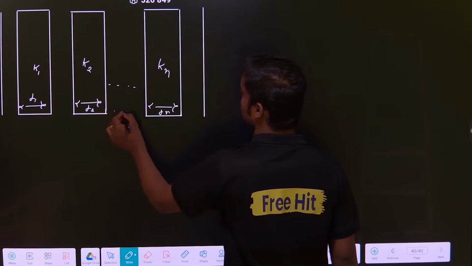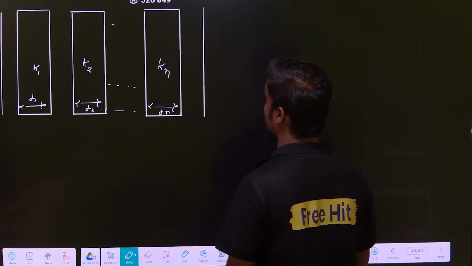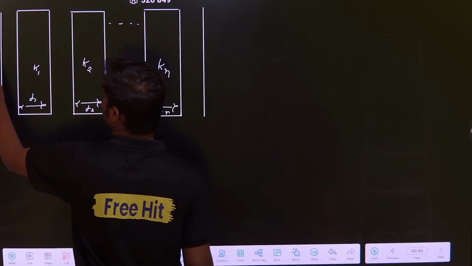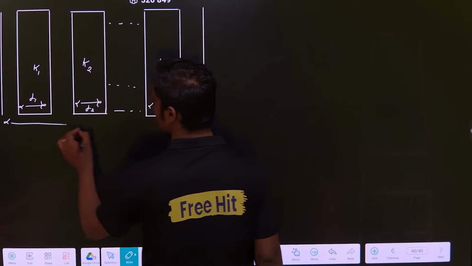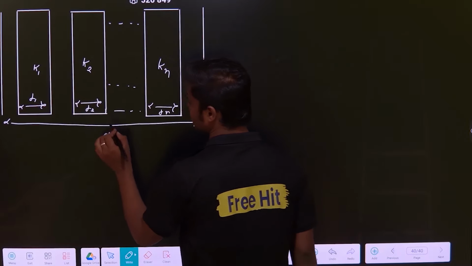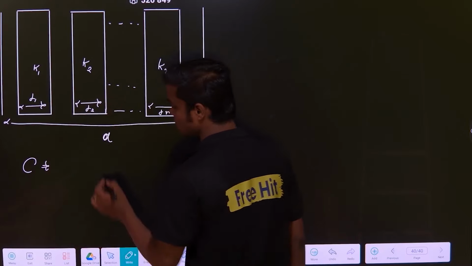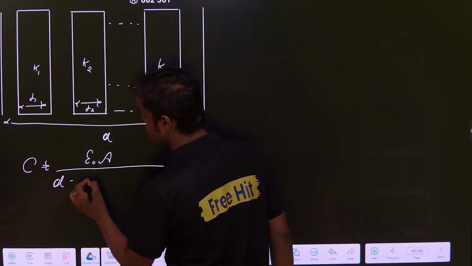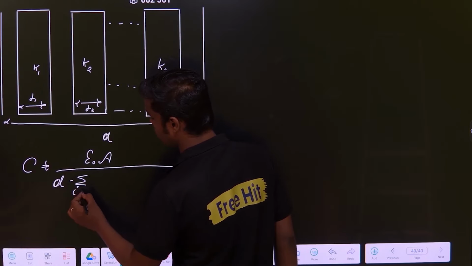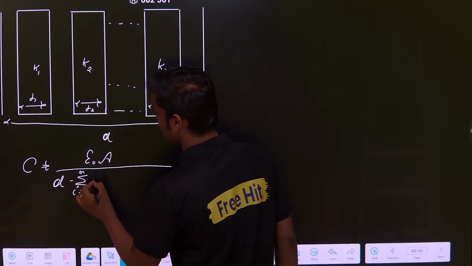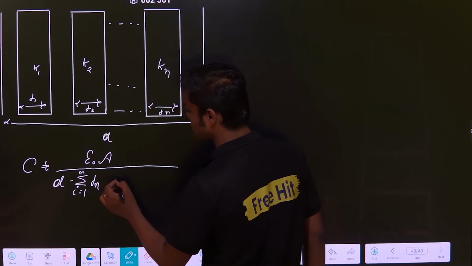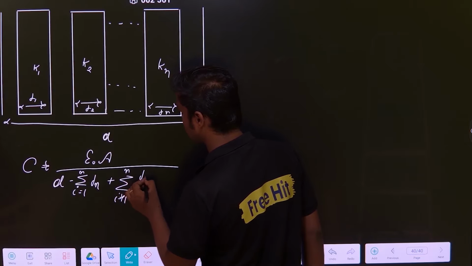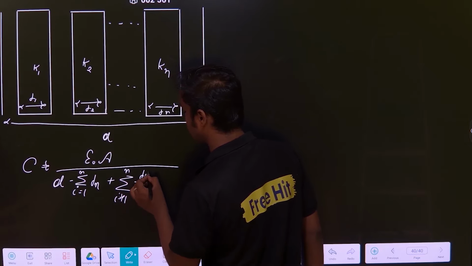It is filled like this, the area of the plate is A, and the distance from this point to this point is D. The general formula for capacitance C, remember this, is epsilon naught A divided by D minus summation from i equal to 1 to n of Ti plus summation from i equal to 1 to n of Ti by Ki.